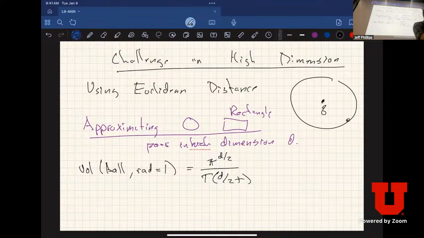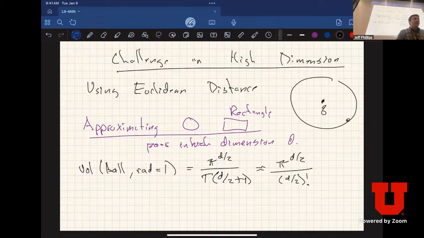This gamma function is some weird mathematical expression which shows up here. This is d over 2 plus 1. And this is approximately pi to the d over 2 divided by roughly d over 2 factorial. So this is roughly the volume of a ball in d dimensions of radius 1.